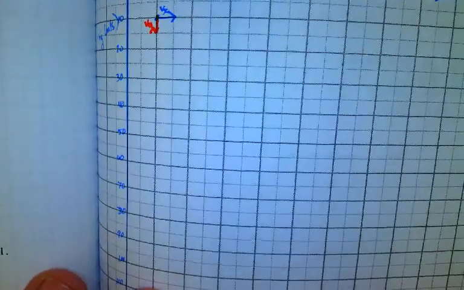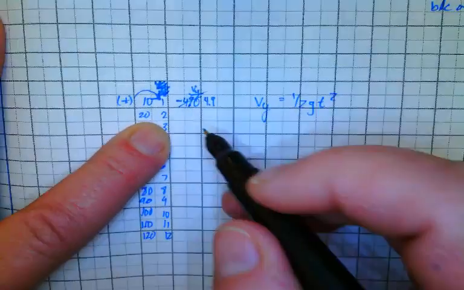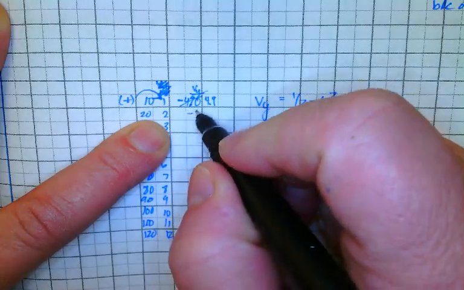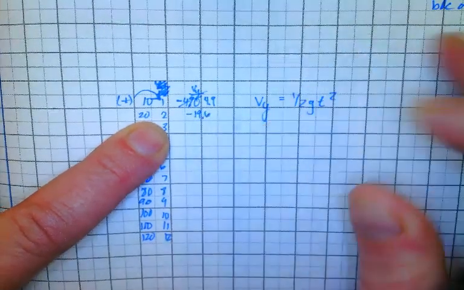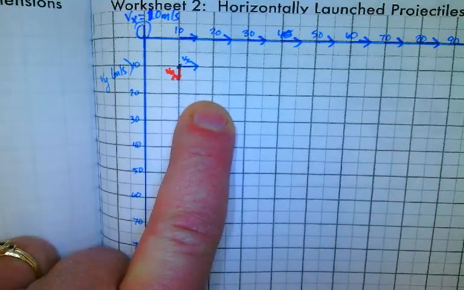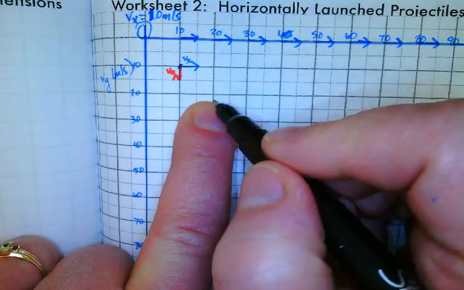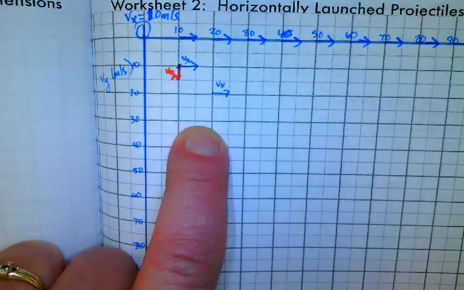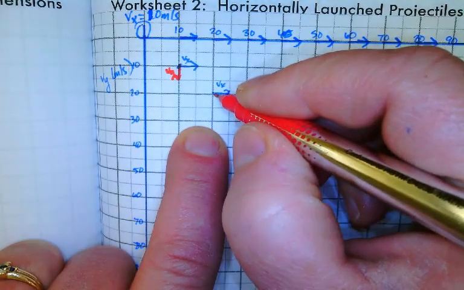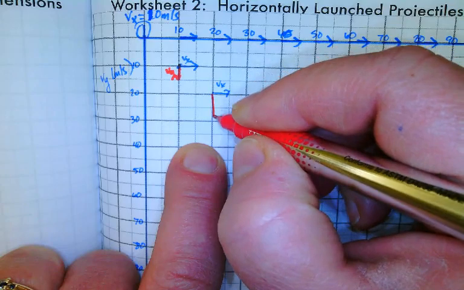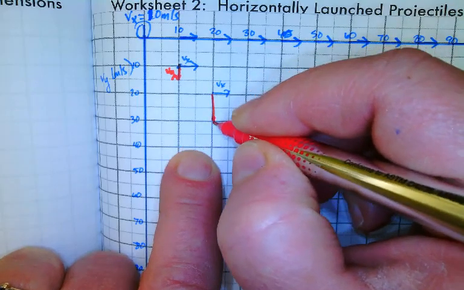What's 2? What did you get for 2? Negative 19.6. Negative 19.6, so I'm going to round that to 20. So then my next one will look like this. So that's 10.